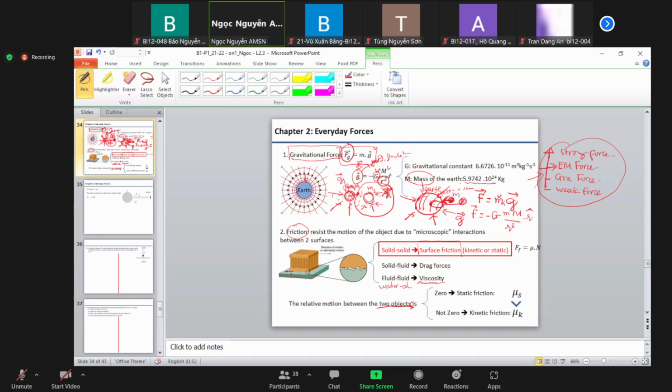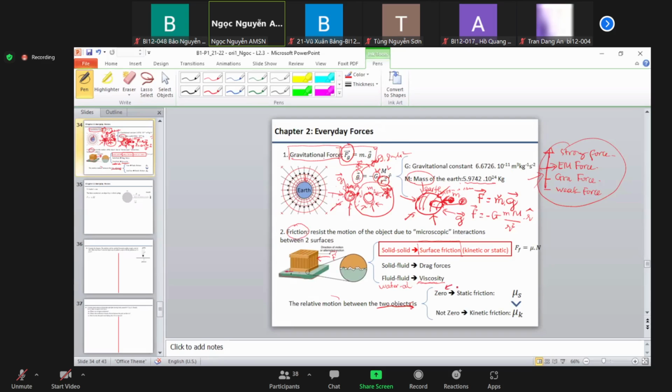If the relative motion between the two objects is zero, it means when you have a block on the table and you act on it with a force like this, it doesn't move. It doesn't move.